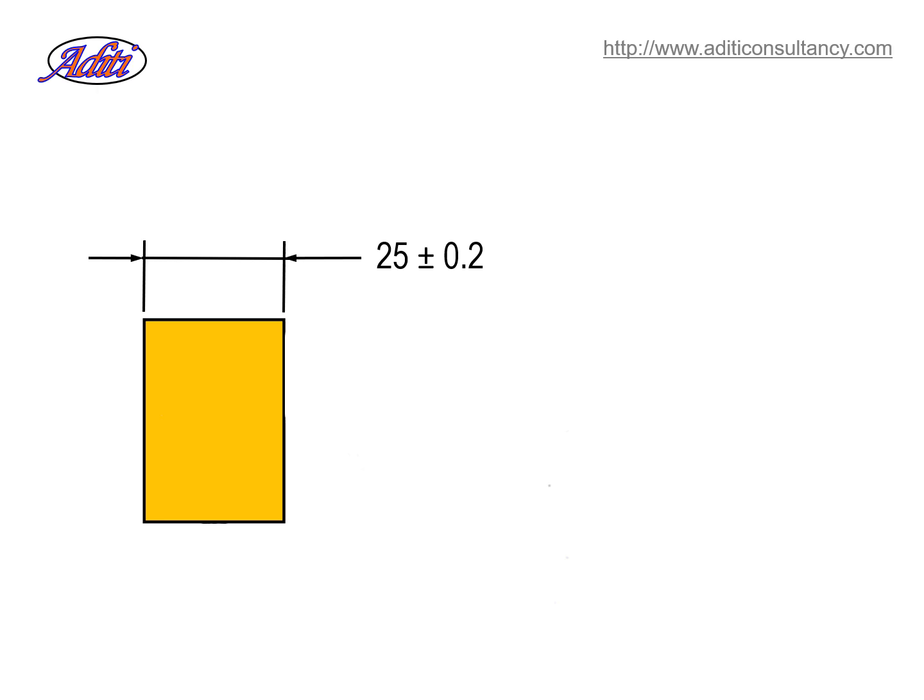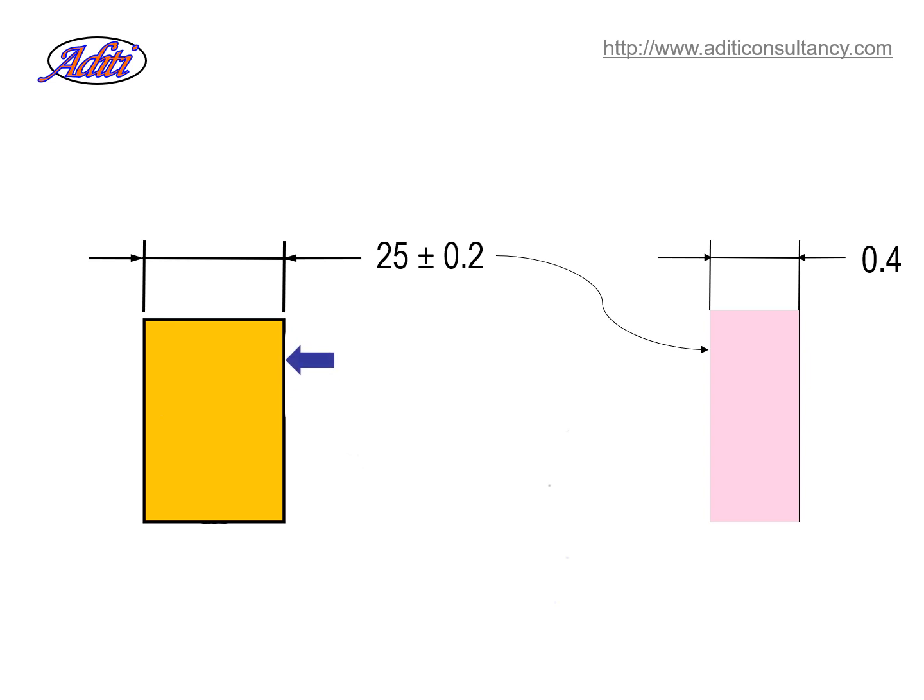Now what is the effect of this? Let us try to understand. When the thickness varies, if the variation is by maximum of 0.4, this surface, which is supposed to be at 90 degree to the bottom surface, can get inclined by more than 90 degree.